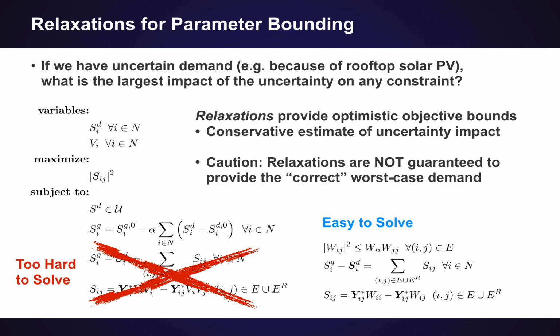So here you could imagine that the relaxations would really want to push more power into the line because it's trying to maximize the power that goes into it. So it could happen in this case that if you don't use the right kind of relaxation, you would get a very conservative estimate of the uncertainty impact that is nowhere close to being real.